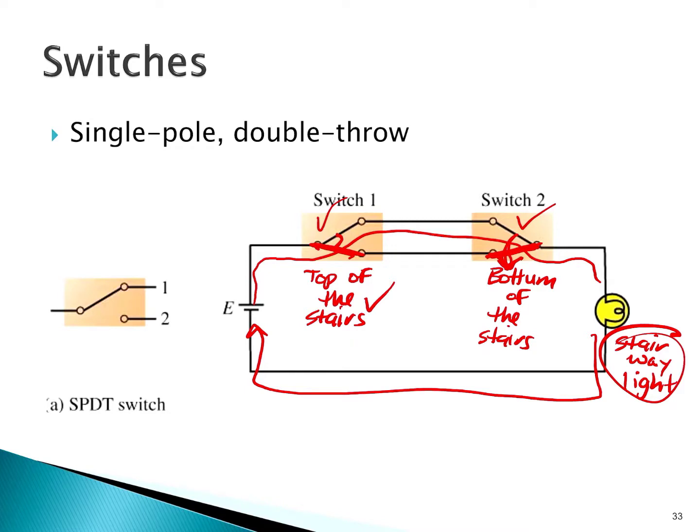And then of course what would happen when you got to the bottom of the stairs? The switch would go back into this state where it was, and you'd break the circuit again. So that's an application of a single pole double throw, and in your house, instead of being called an SPDT, it is called a three-way switch.